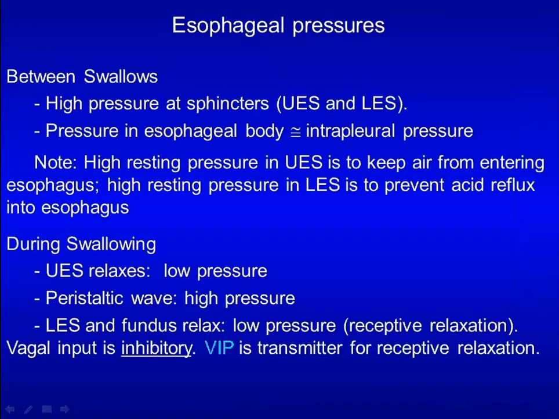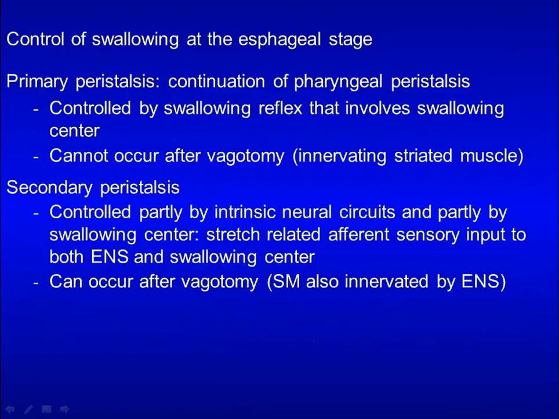This information is summarized in this slide. Please note, relaxation of the sphincter and fundus is mediated by VIP, produced by vagus nerves. As I described to you earlier, primary peristalsis is a continuation of pharyngeal peristalsis.